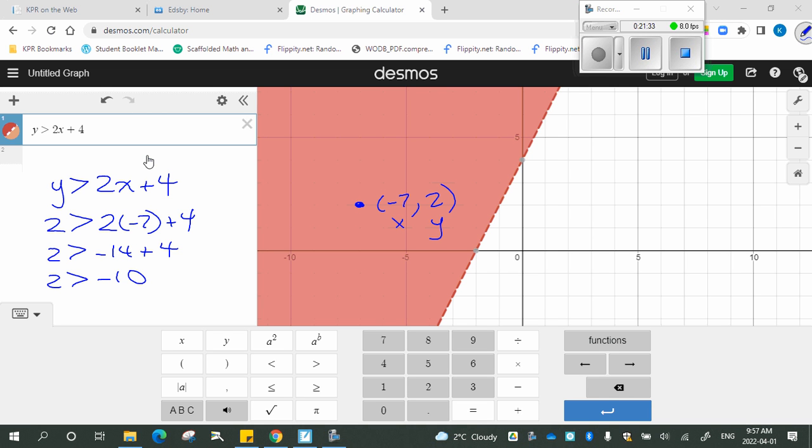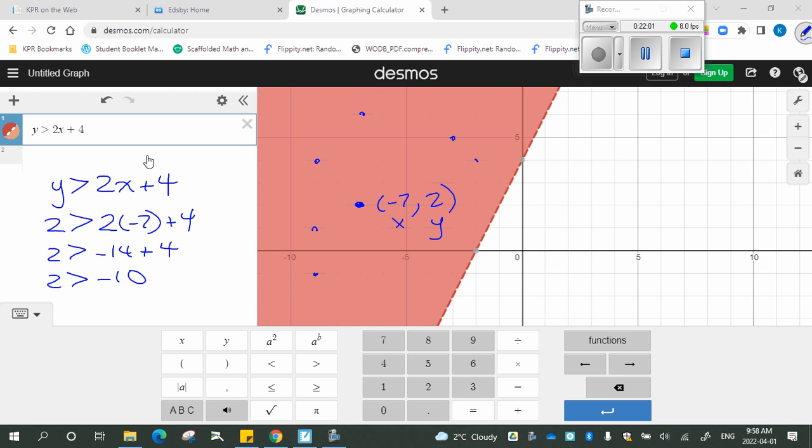Is that true? Yes. So the y value is greater than 2 times the x value plus 4. For every single point here, that's going to be the case. Kind of catching on?